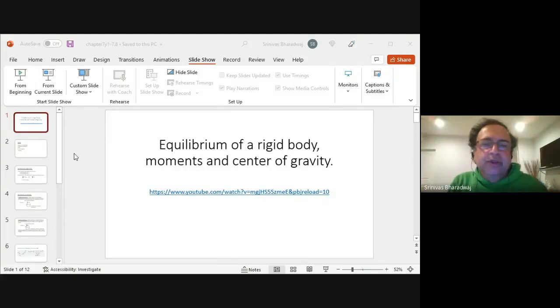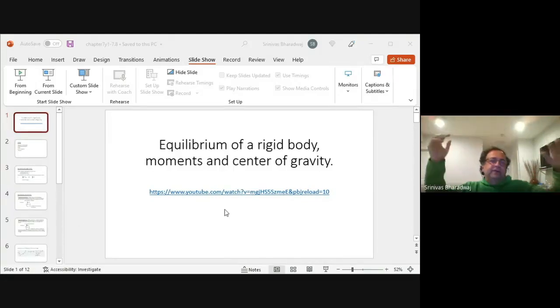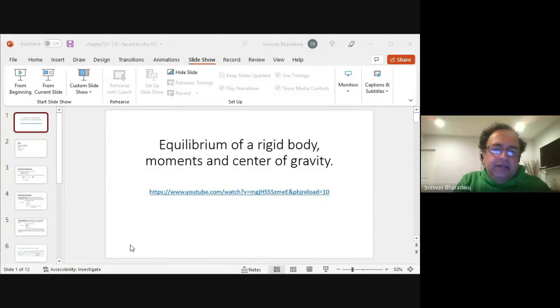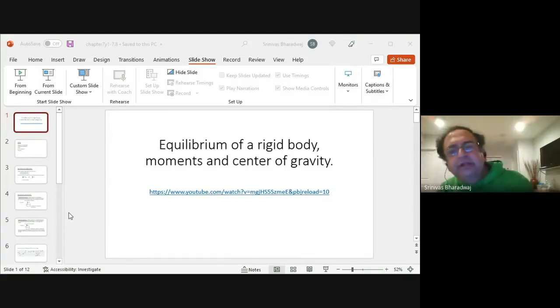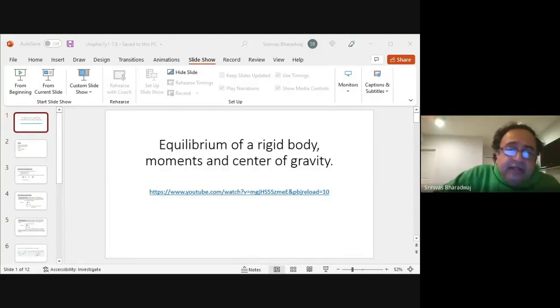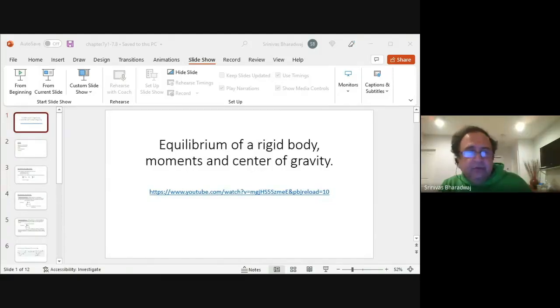Now here is the lever. Think of a seesaw, and there are two children sitting at A and B. The seesaw has one arm of one length and the other of another length. This is D1, this is D2. If the two torques are equal, then the seesaw will stay steady.